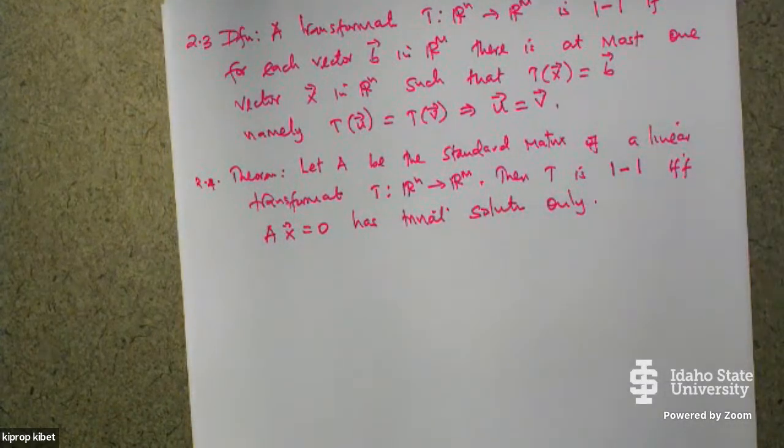For onto, all the rows should have pivot positions. For this one, all the columns should have them. For this to be 1 to 1.